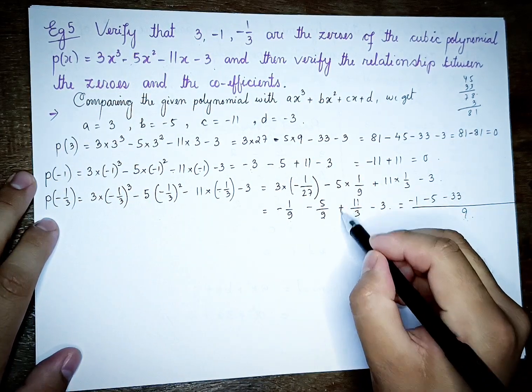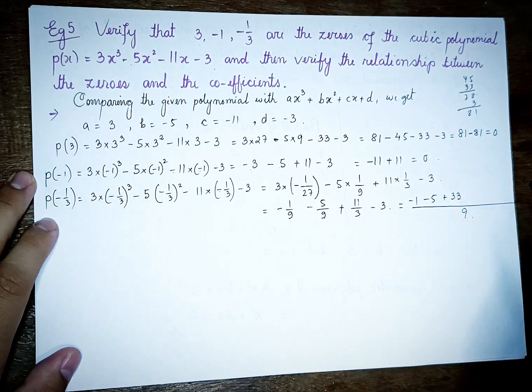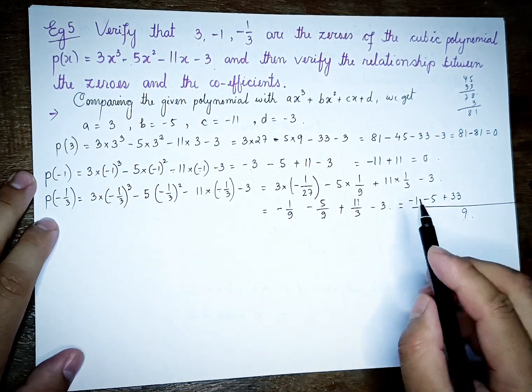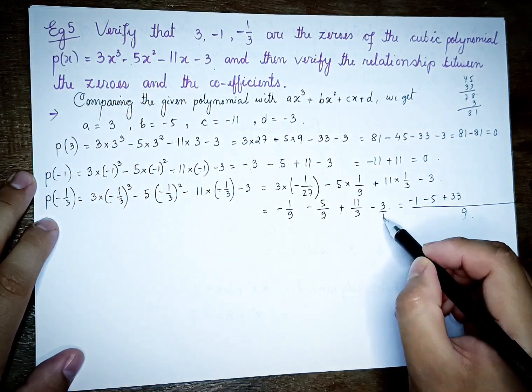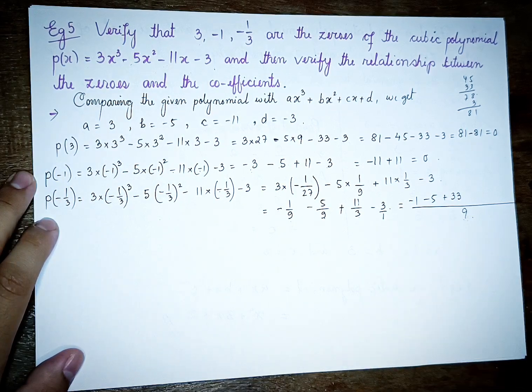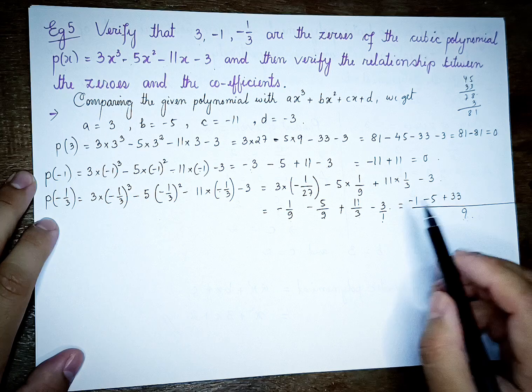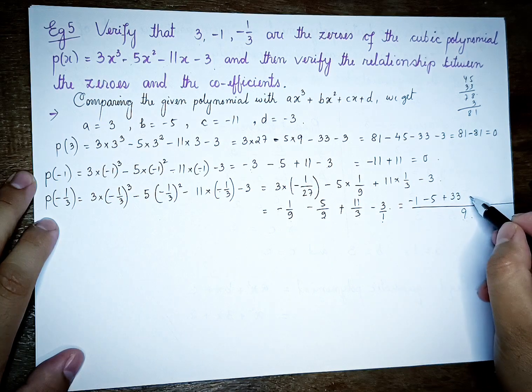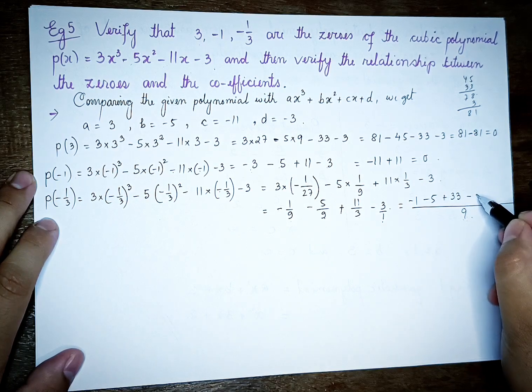Oh sorry, plus 33. It must be plus 33. And here the denominator of 3 is 1. So we divide 1 by 9, we get 9. Multiplying 9 with the minus 3, we get 9 threes are 27, minus 27.